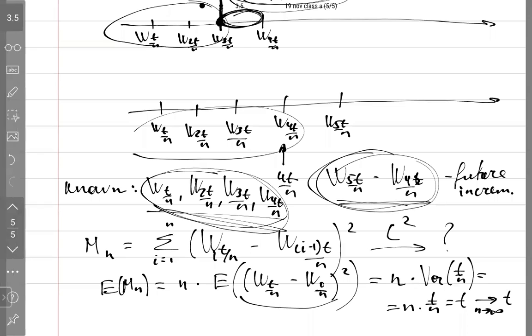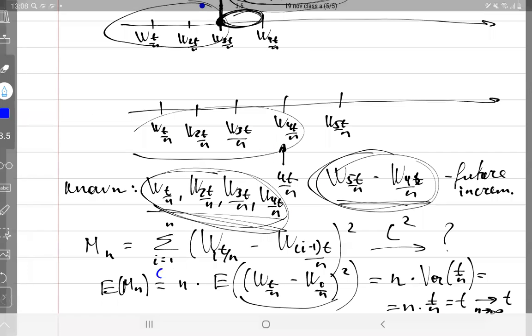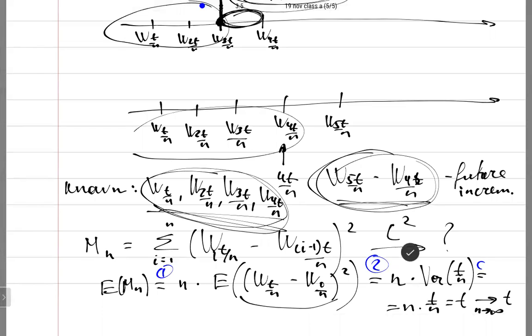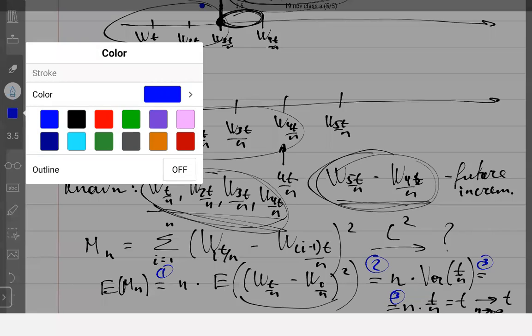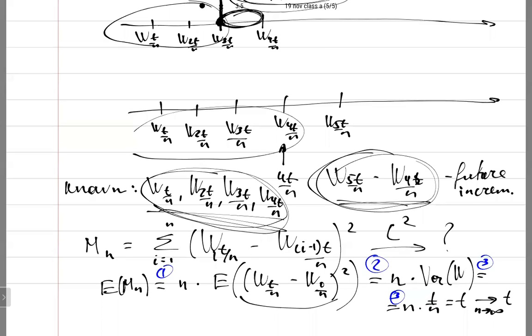No, sorry, I don't get which step is not clear. Second step, there is n multiplied by variance, and there is in the bracket t over n. Should it be W t over n? Yeah, you're right. I agree. Thank you. Yeah, that's great. Now everything's fine.